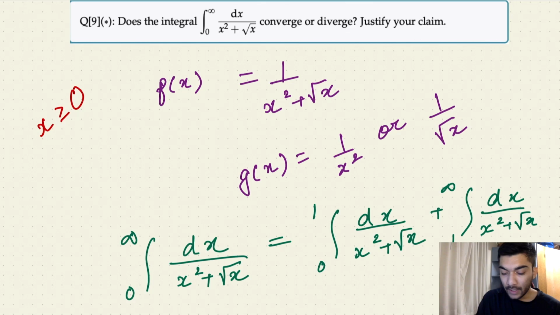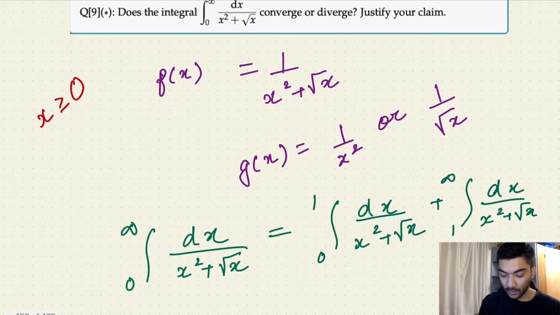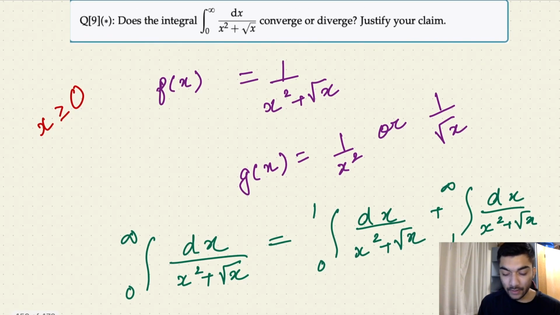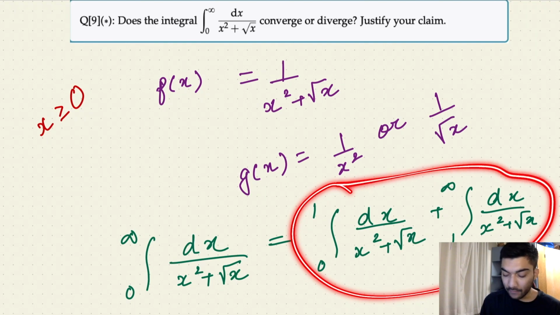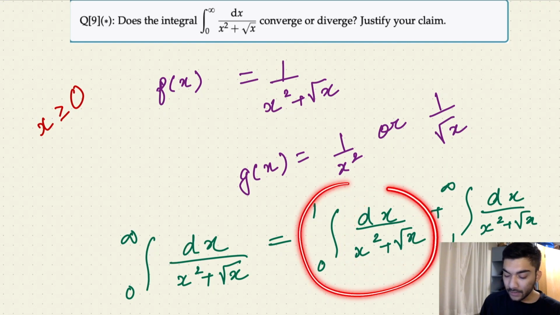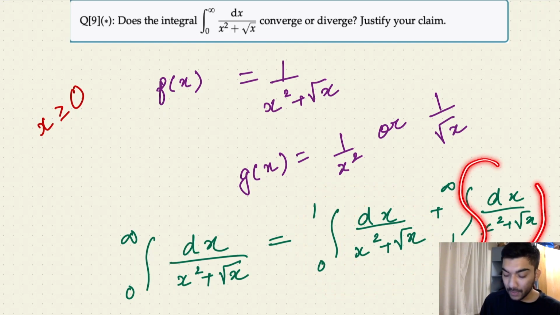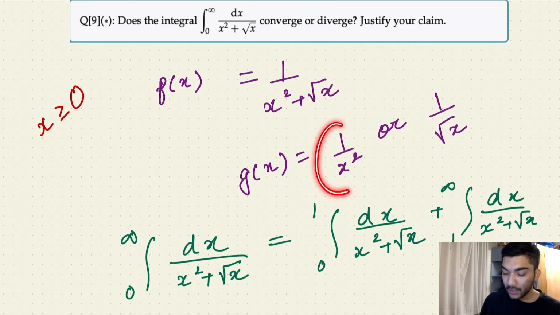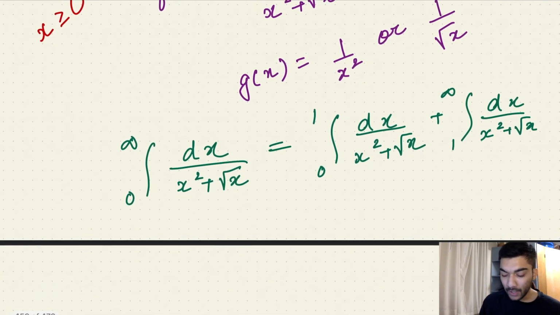And we only did that because we had to come up with a reasonable guess for our g of x function. So we'll have to split this integral into two parts such that we have a reasonable guess for our first part, which is 1 by root x, and for our second part, a reasonable guess which would be 1 by x square.